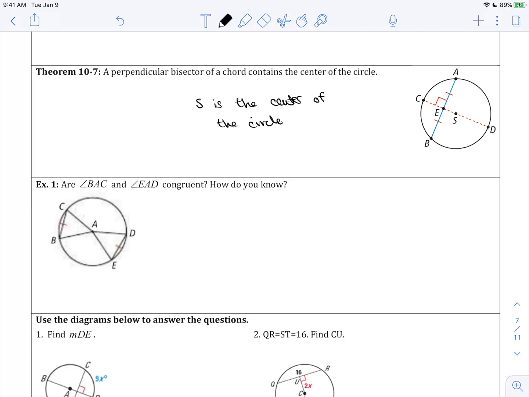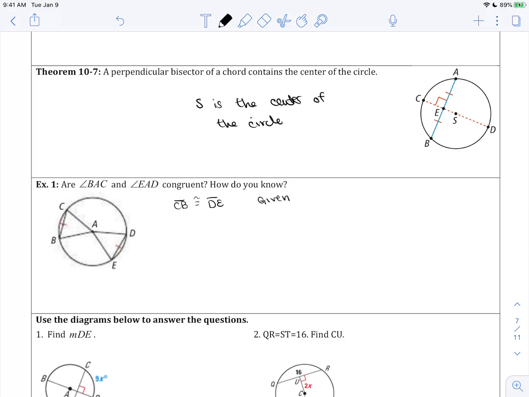Great. Well, let's try this next one. So are angles BAC and EAD congruent? How do you know? Okay. Well, we see that chord CB and chord DE are marked as congruent. Those are given, right? So we know CB is congruent to DE. That's given. It's marked on there.